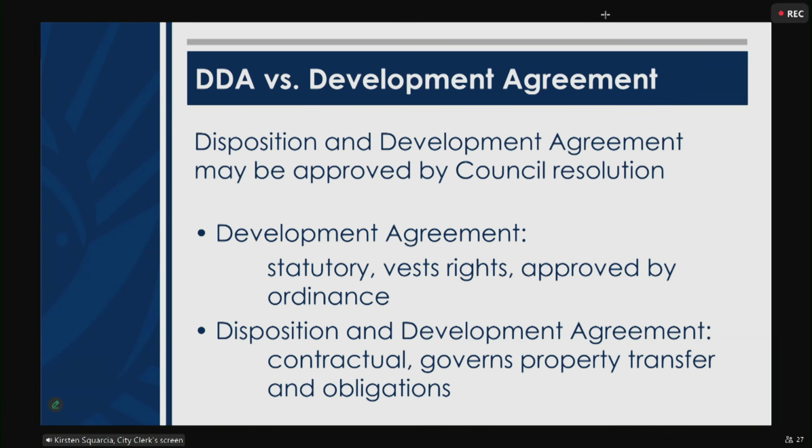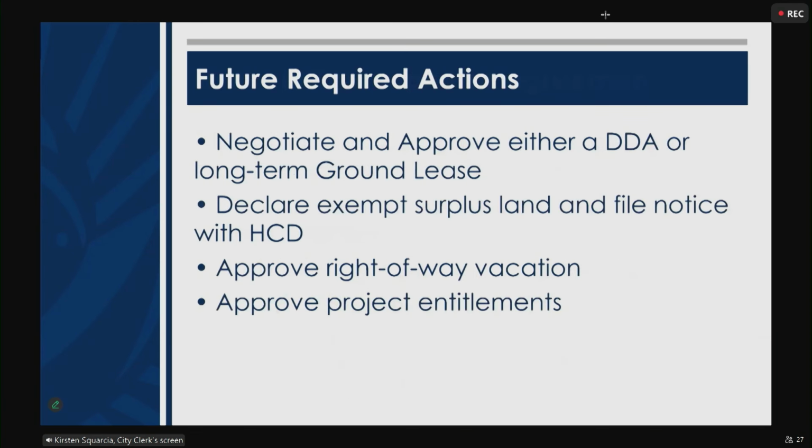Next slide, please. In terms of future required actions, first there would be to negotiate and approve either a DDA or a long-term ground lease. Next, we would declare exempt surplus land and file notice with HCD to comply with the SLA requirements.